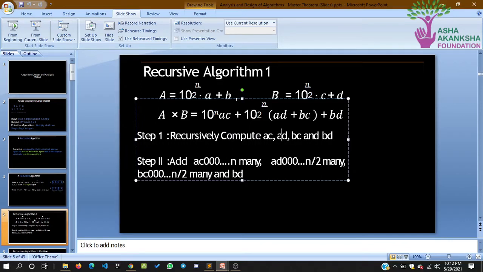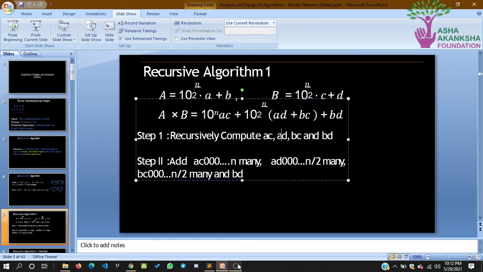And suppose you have got these numbers, then you append n zeros to the right of ac, n by 2 zeros to the right of both ad and bc, and of course add them. And you append no zeros after bd.